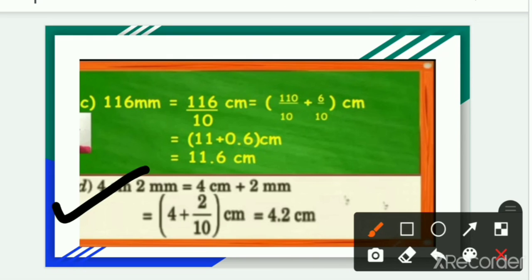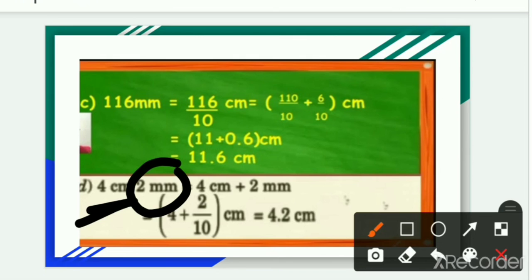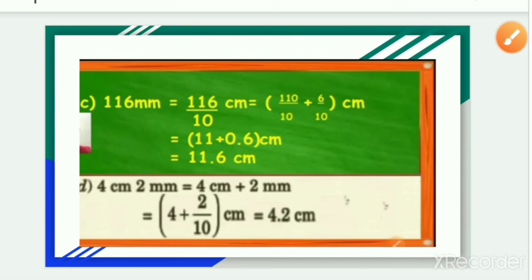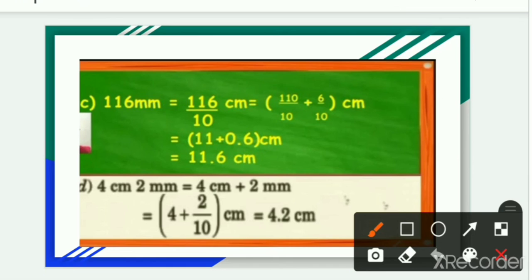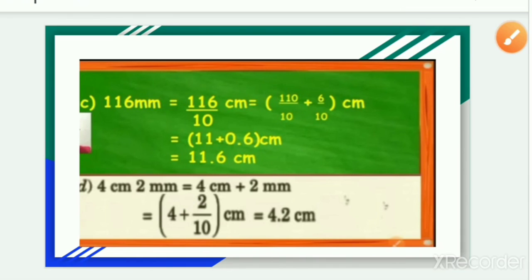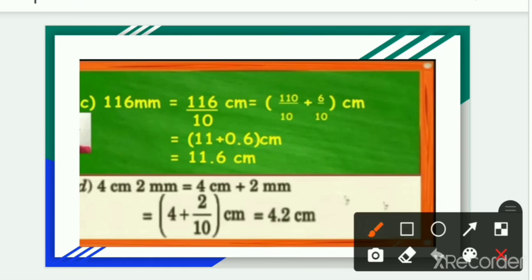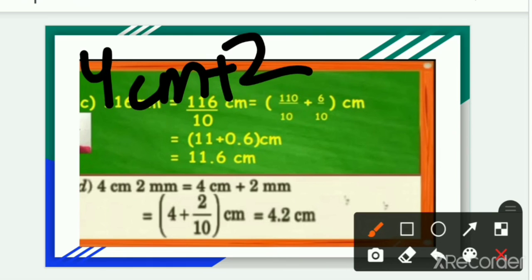Next, D part, we have 4 centimeter 2 millimeter. How will we solve this? This is already in centimeter, but we have to convert the millimeter too. Either you can solve them separately or in a complete way. So it will be 4 centimeter plus 2 mm converted into centimeter, by dividing by 10.